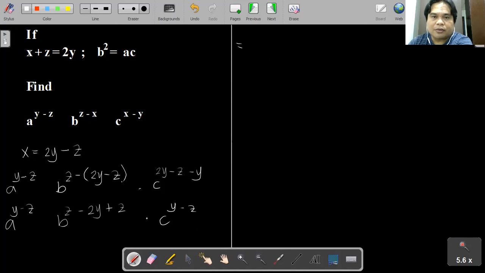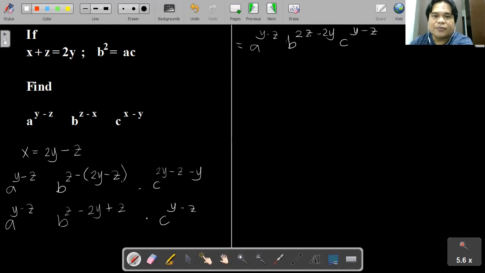Now next is to further simplify it: y minus z, and then you have z plus z, then you will have b to the power of 2z minus 2y, right? And c is to the power of y minus z.